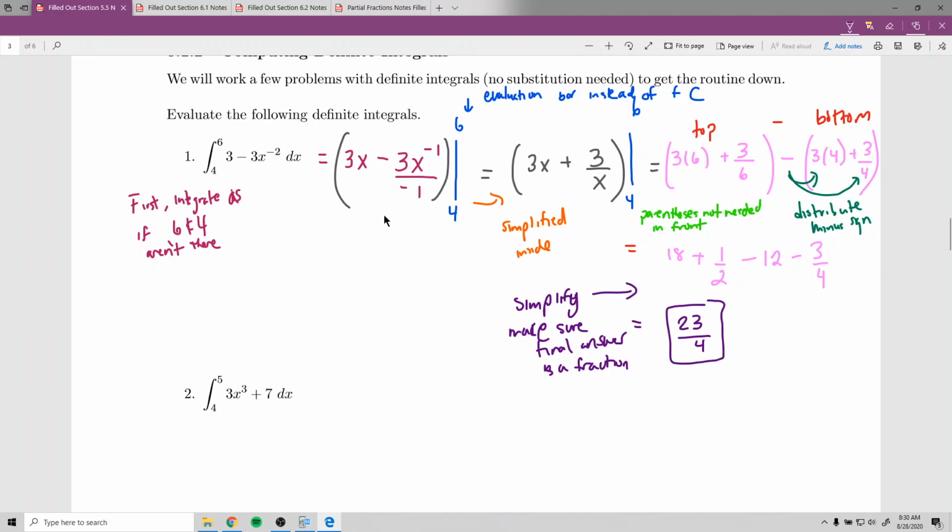Okay. So if you graphed this, and especially by hand, but even in the calculator you wouldn't be able to get the number. But if you did graph this and looked at the graph between 4 and 6, you would see exactly this area.